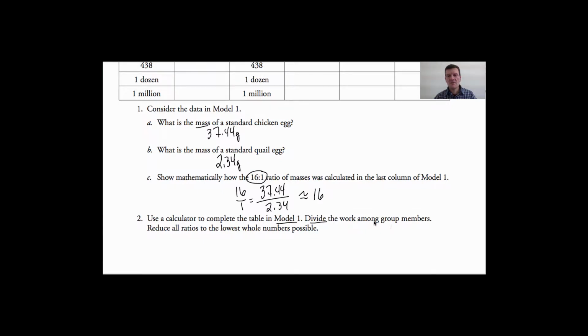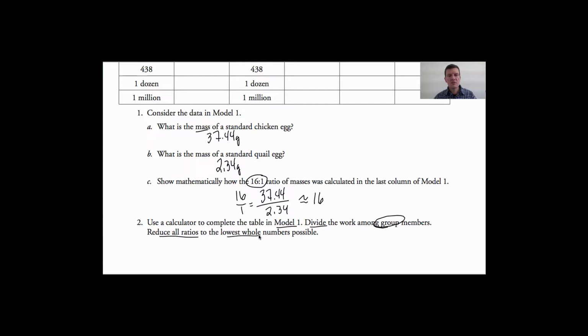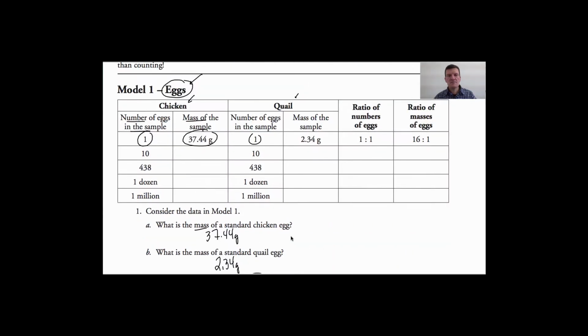If you have a group working with you, divide the work. Always reduce all ratios to the lowest whole numbers if possible. For the number of eggs in the sample, if one egg is 37.44, then 10 eggs is 10 times 37.44. For 438 eggs, you do 438 times 37.44.